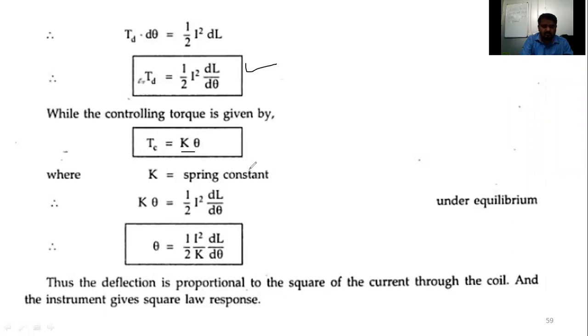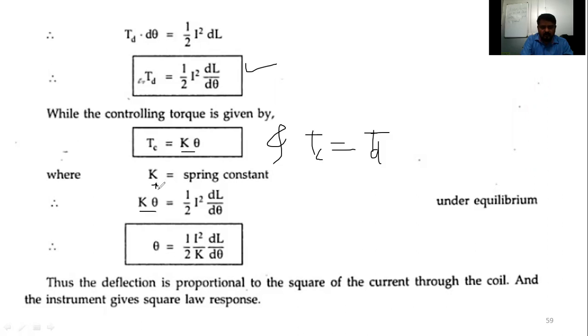We also know that TC equals TD. So in the place of TC, I will write K theta, and in the place of TD, I will write 1 by 2 I square dl by d theta. We can write like this.